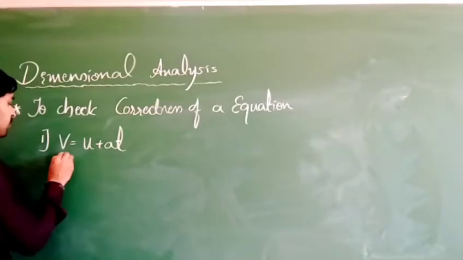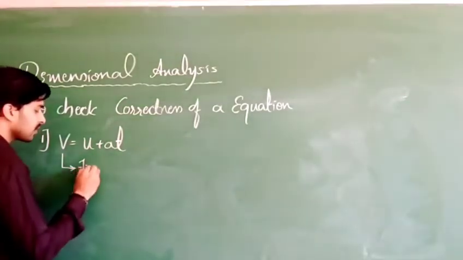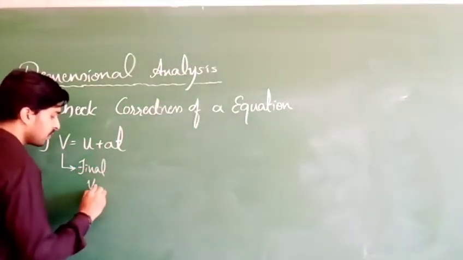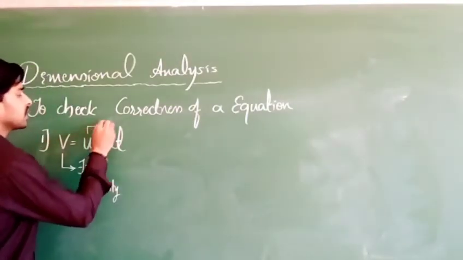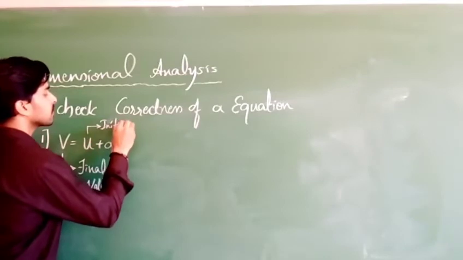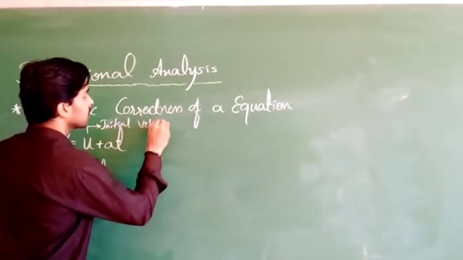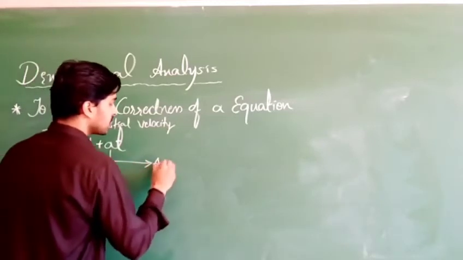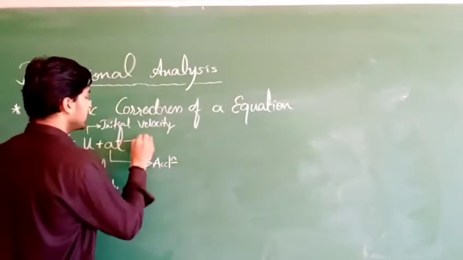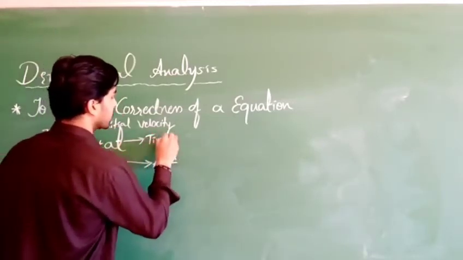Here V is the final velocity, U is the initial velocity, A is the acceleration of the body, and T is the time taken.